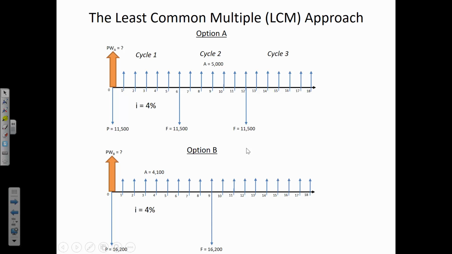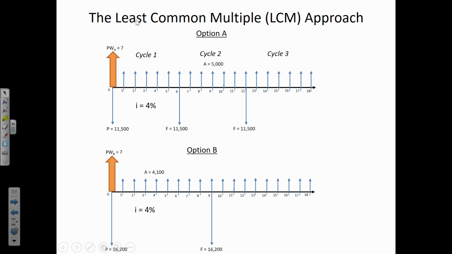And by buying it again, what that does is it allows us to continue to have uninterrupted service. We buy it at the beginning of that 6th year, and then we get the revenue at the end of that year, so at the beginning of the 7th period. So you can see that there's continued uninterrupted revenue through the entire 18 years.